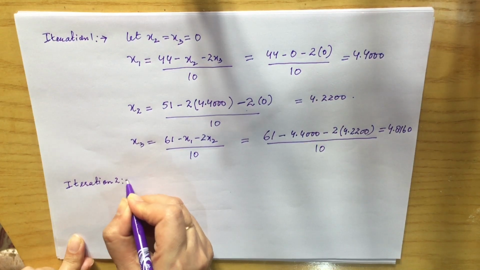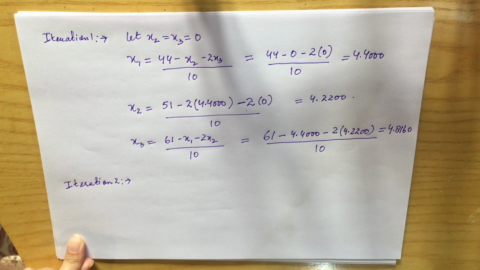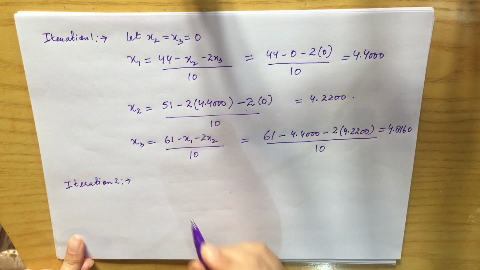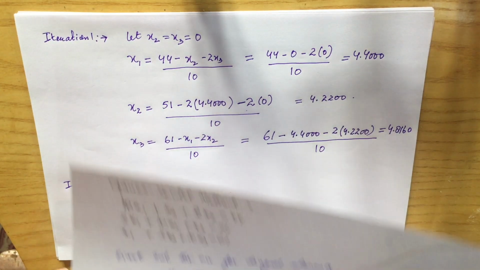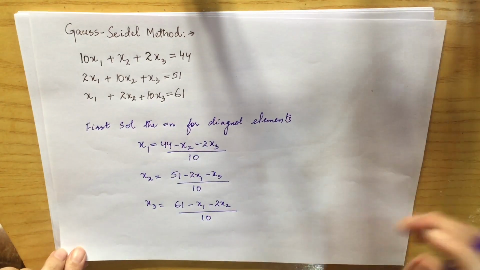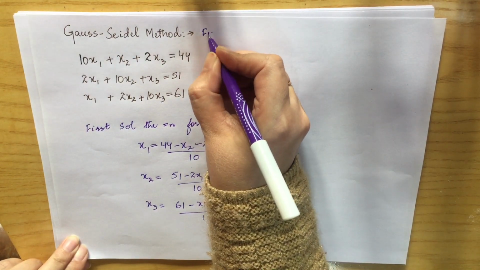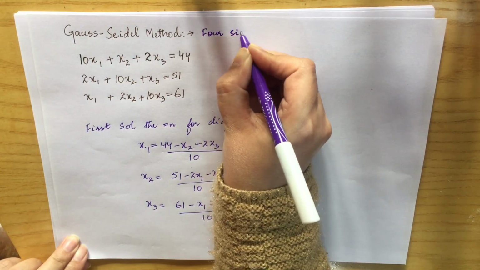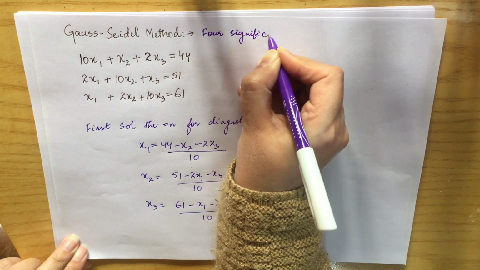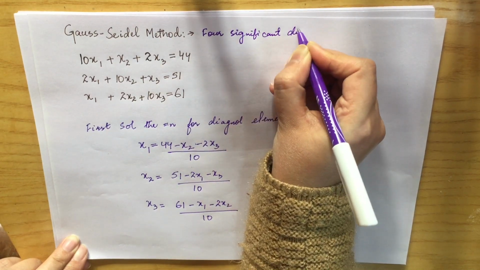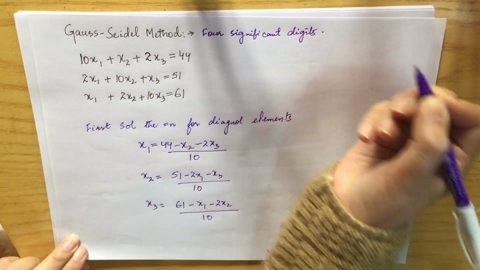Now we will start the second iteration. This question we have to solve up to 4 significant digits.